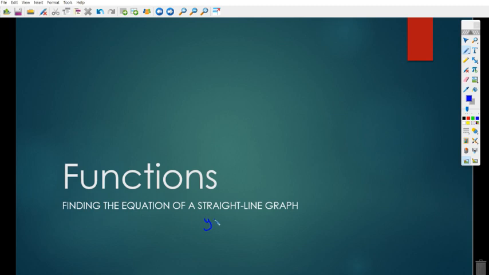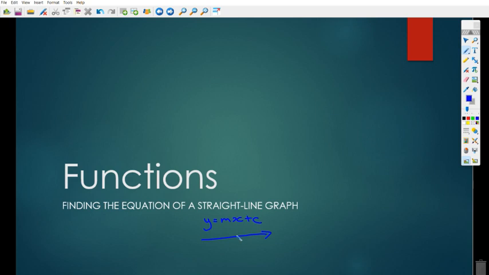It is y is equal to mx plus c. Do you guys remember that from last year? y equals mx plus c. So that is only for a straight line graph. That will change depending on which graph you're going to be working with. But for a straight line, we know that the general equation is y equals mx plus c.